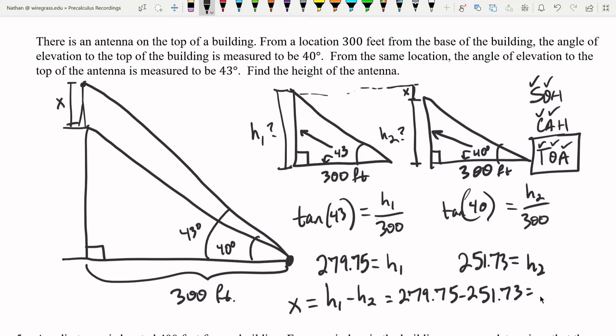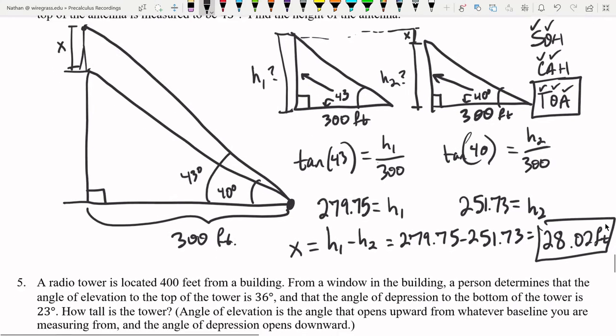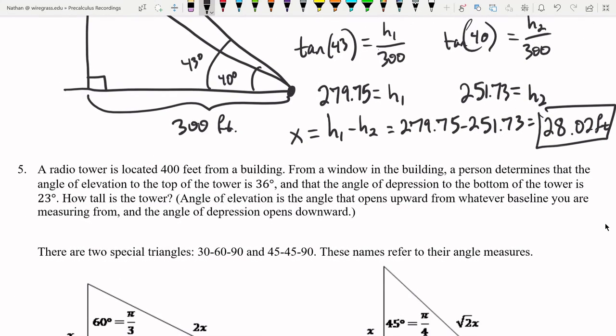And doing that, we're going to get, let's see, I think it's 28.02 feet. Of course, this is all approximate because we did the tangent, and that has to be approximation. But that is approximately how tall the antenna is. Give it a try in number 5.